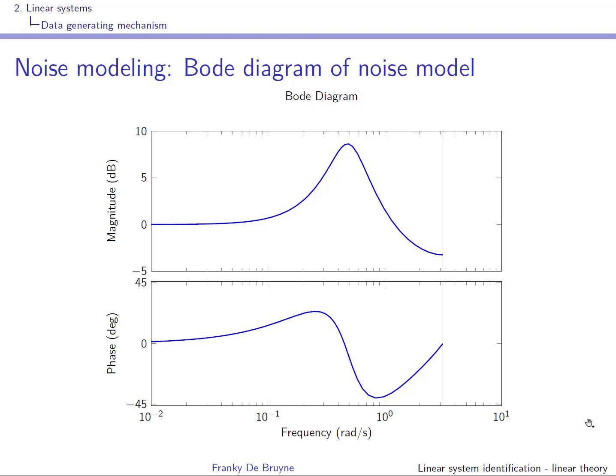Remember that v of t is obtained by filtering e of t through a filter H of z, and what we see over here is the Bode diagram of H of z. So in certain frequency ranges there will be amplification, and in others there will be attenuation. So v of t will be called colored noise. Its spectrum will not be flat anymore.